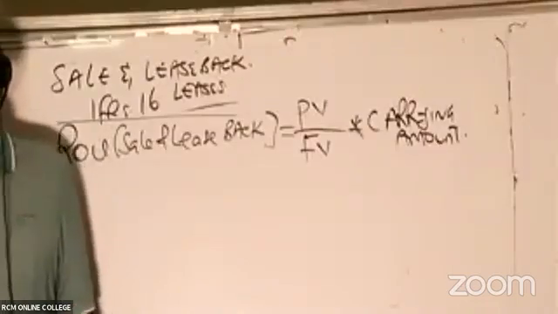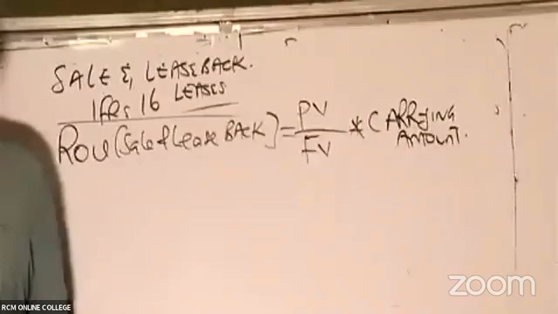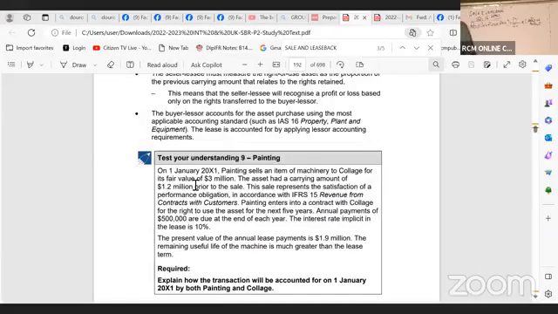Now, ladies and gentlemen, this is what we have here. On 1st January 2011, painting sells an item of machinery to college for its fair value of 3 million. So fair value has been given. The asset had a carrying amount of 1.2, so carrying amount has also been provided.